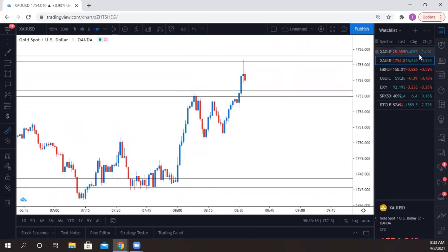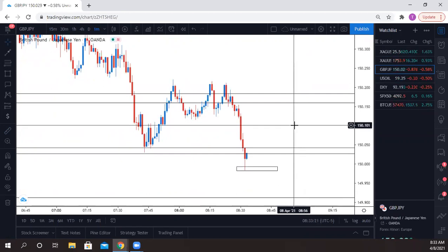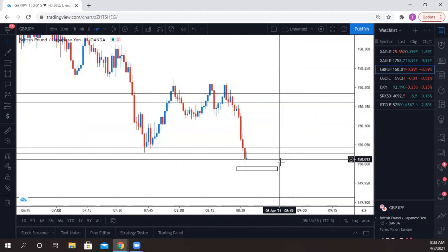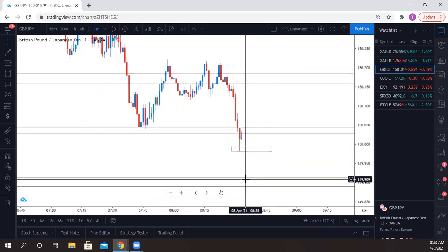Yeah. I bagged a few pips off of gold. Man, I'm really surprised by GJ off of this. I would think that this thing continues and just melts off here.